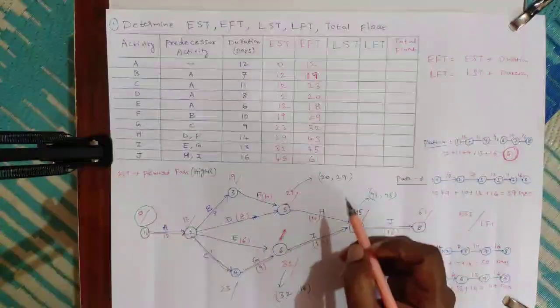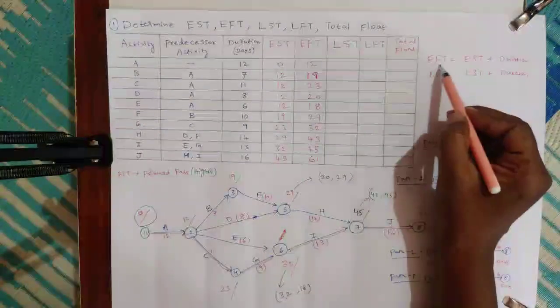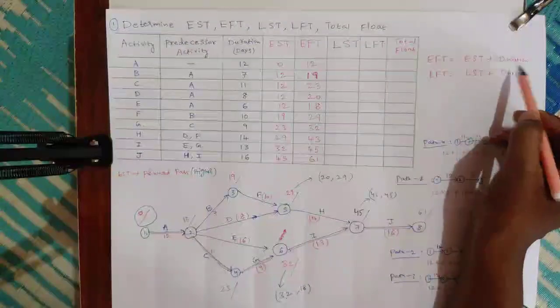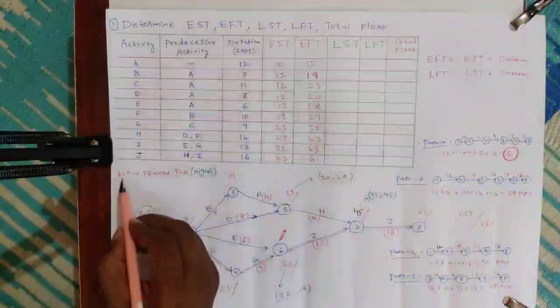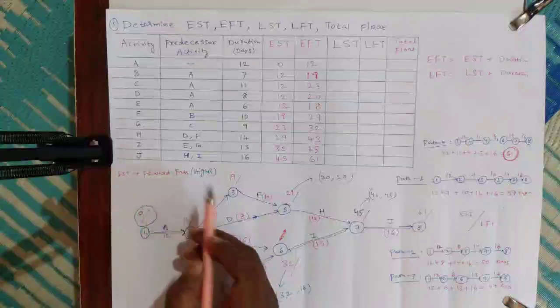In this manner, earliest finish time also we can complete. Earliest finish time is equal to earliest start time plus duration. And this EST we found using forward pass.